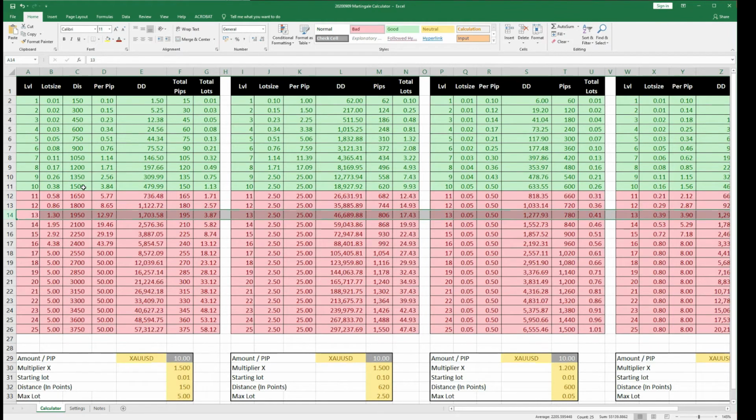I hope this will have given you a much clearer picture of how to play with this calculator, because it is a very useful tool. It prepares you for what to expect, so that when you see your account is in a certain drawdown figure, you will not be shocked.